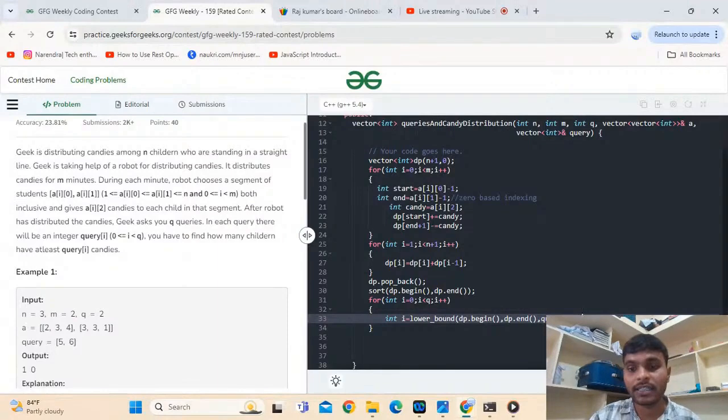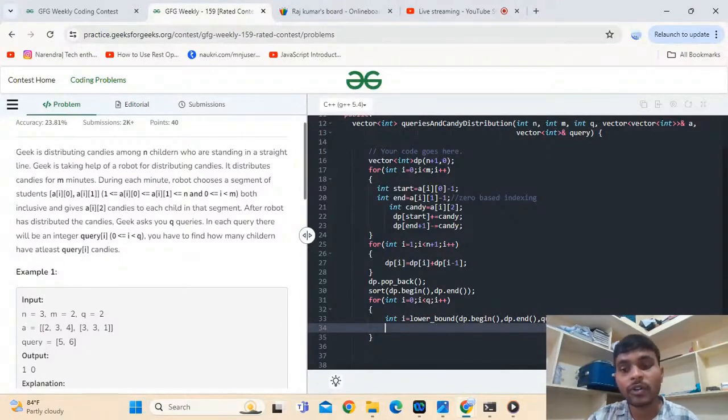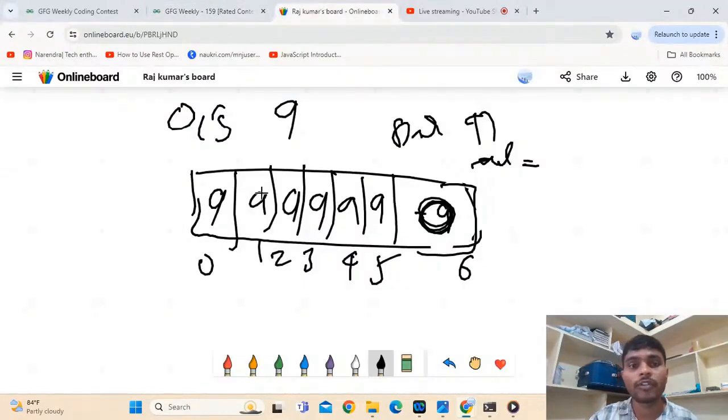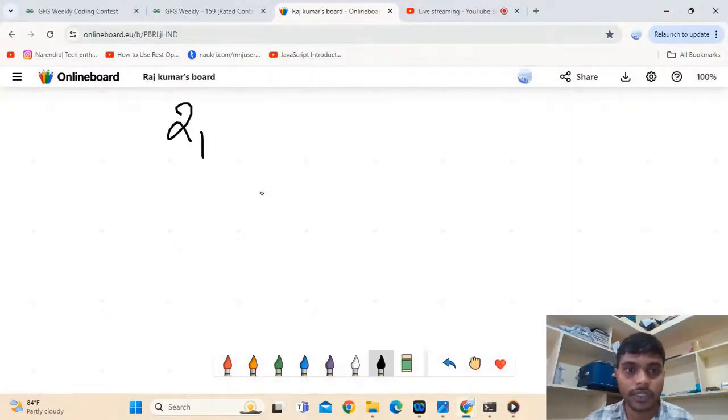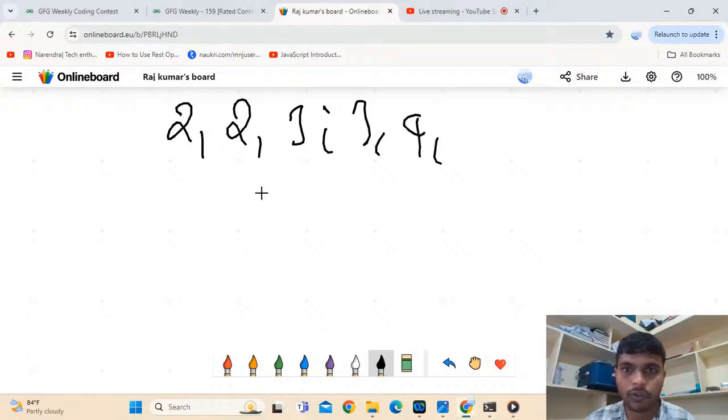Now I am subtracting dp dot begin. Now I will get the index which is greater than or equal to this. If an equal number is present, it shows that index. In lower bound, what happened? For example, suppose the array is 2 2 3 3 4 4 5.